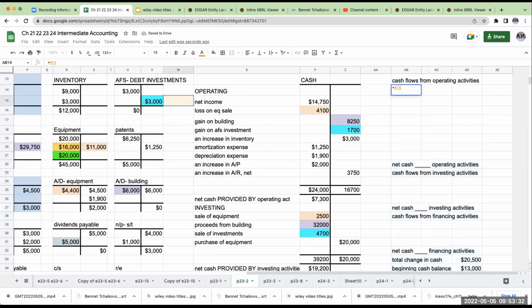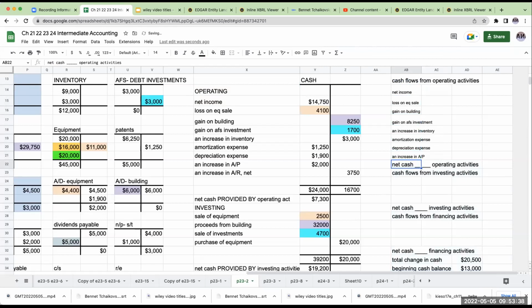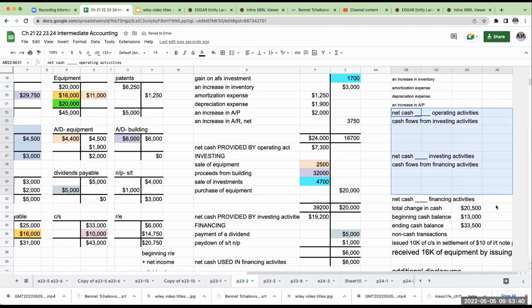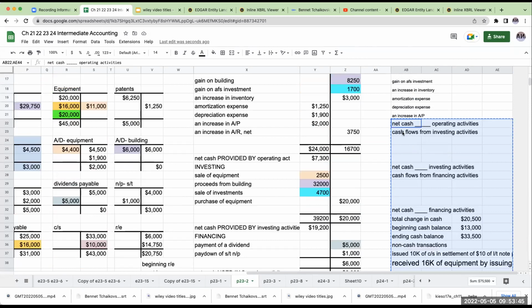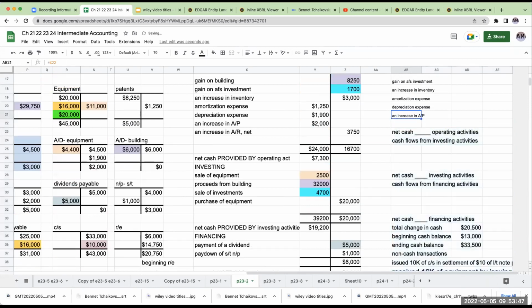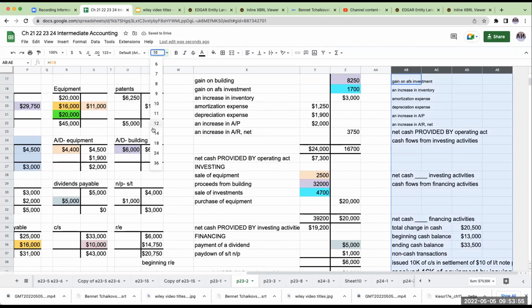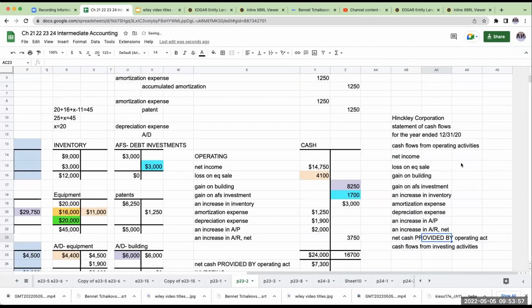So at this point, I've done the various different items. Let's give ourselves a little bit more room. When I do the actual statement of cash flows, what I want to remind myself of is that if it is a debit, it's going to be a positive amount.